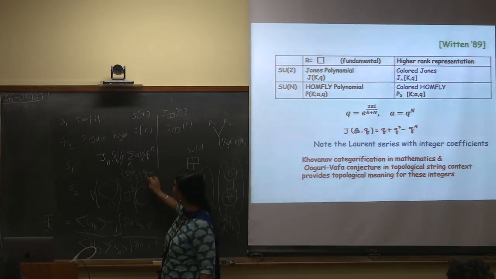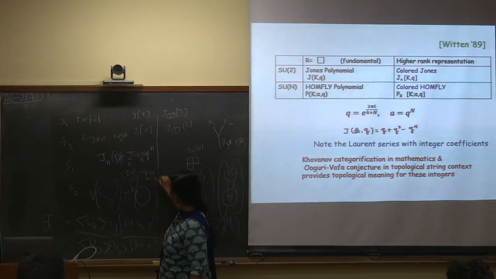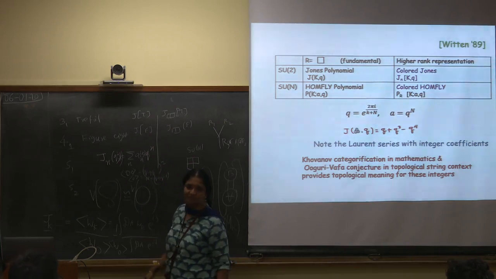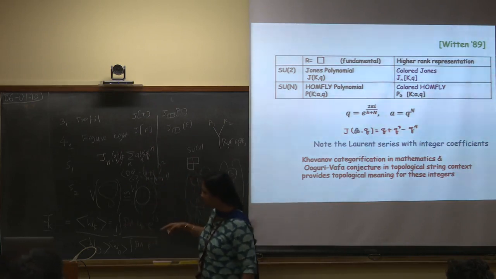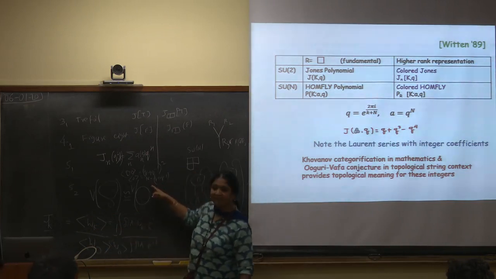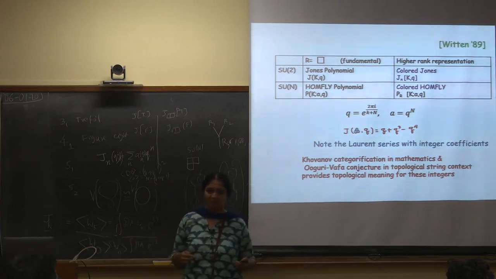So we normalize this as n, which we call q plus q inverse, and then this becomes n squared by the normalization. So whenever you have to match with the mathematicians, you have to normalize by the unknot normalization, and then it will match.